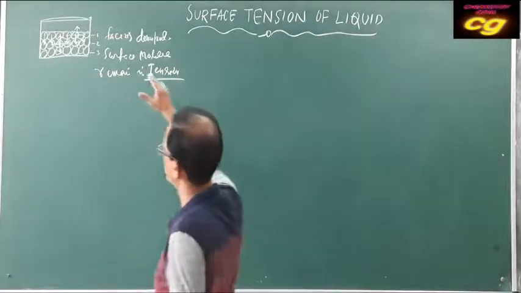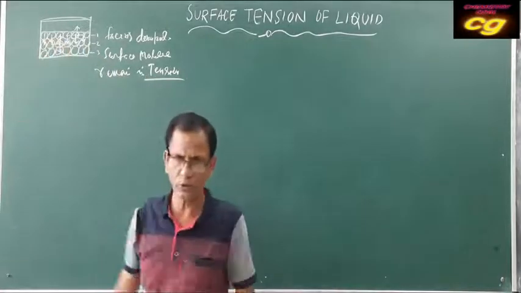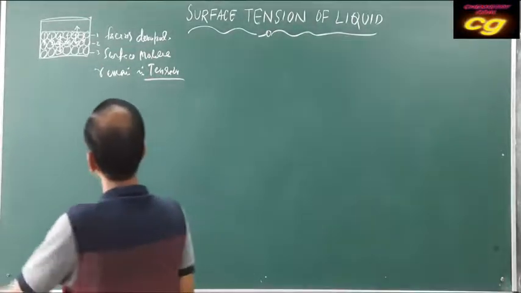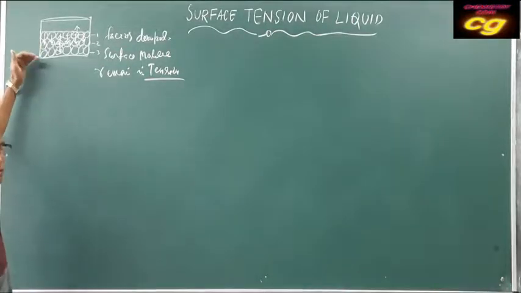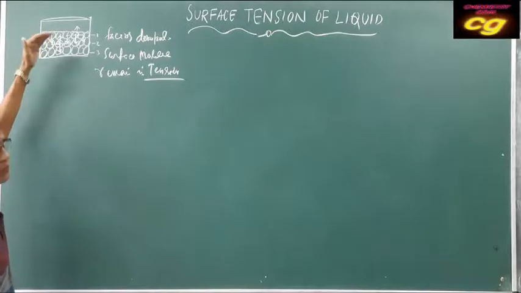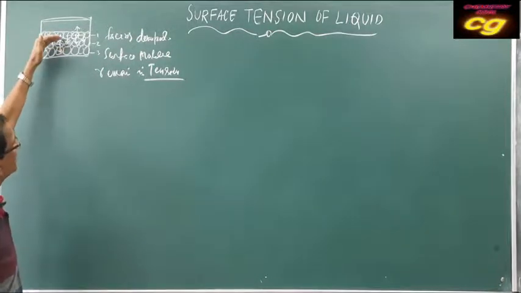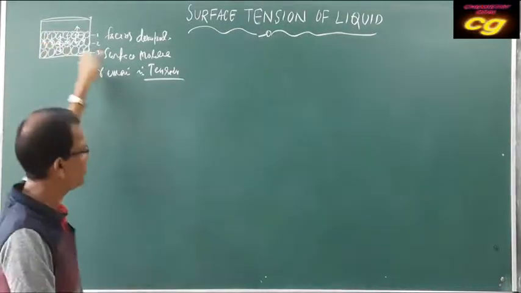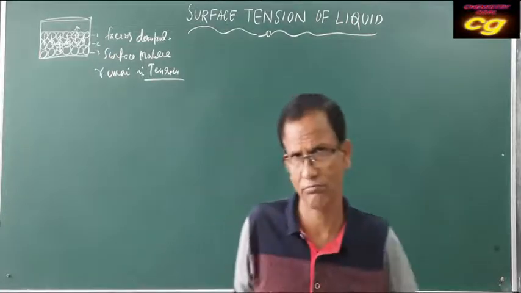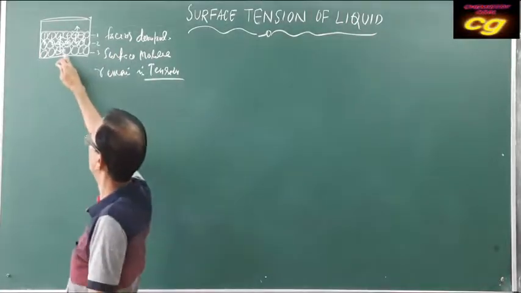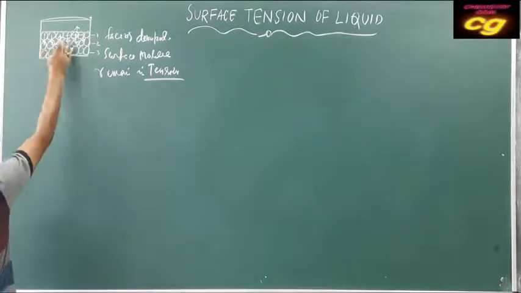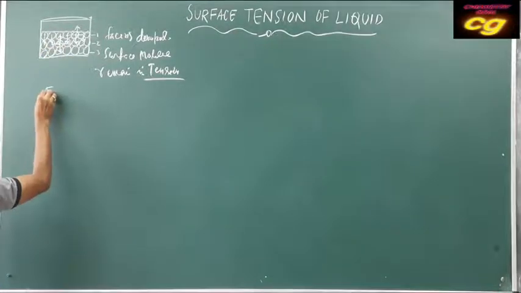Due to surface tension, the surface molecule faces a downward pull. This downward pull means a force, and this force is due to the molecules under the surface. So how much force is acting?